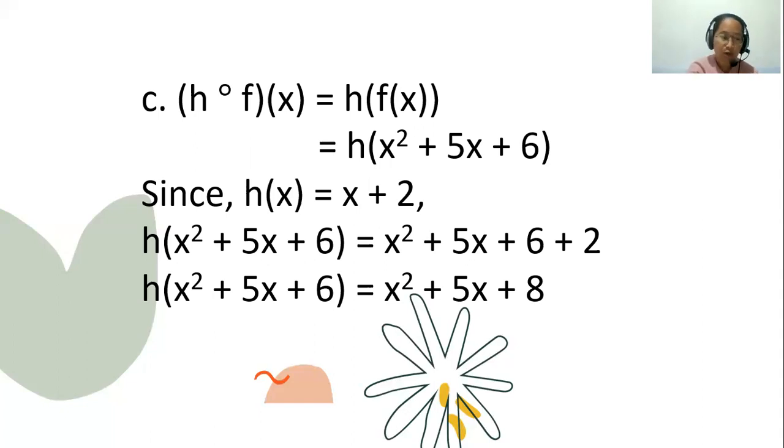So generally, performing composition of functions is not the same as what we did on the first four operations on functions. Composition of functions means that the order of functions counts in the composition of function operation.